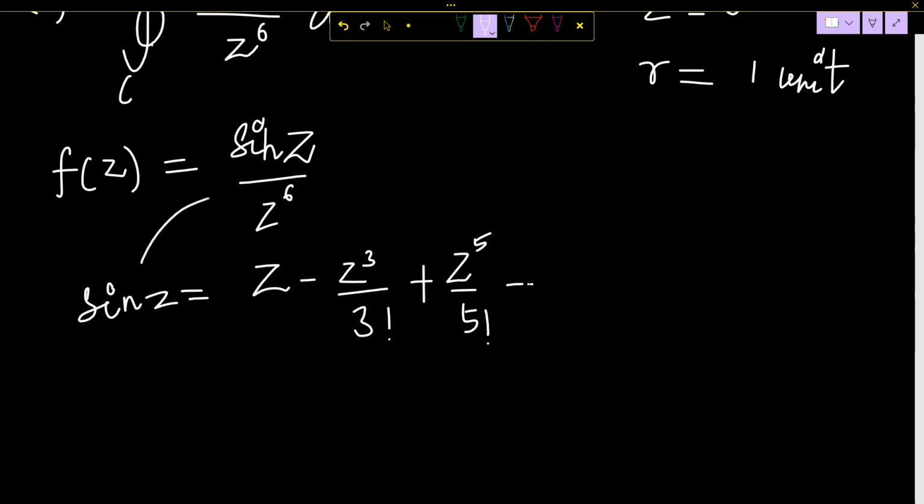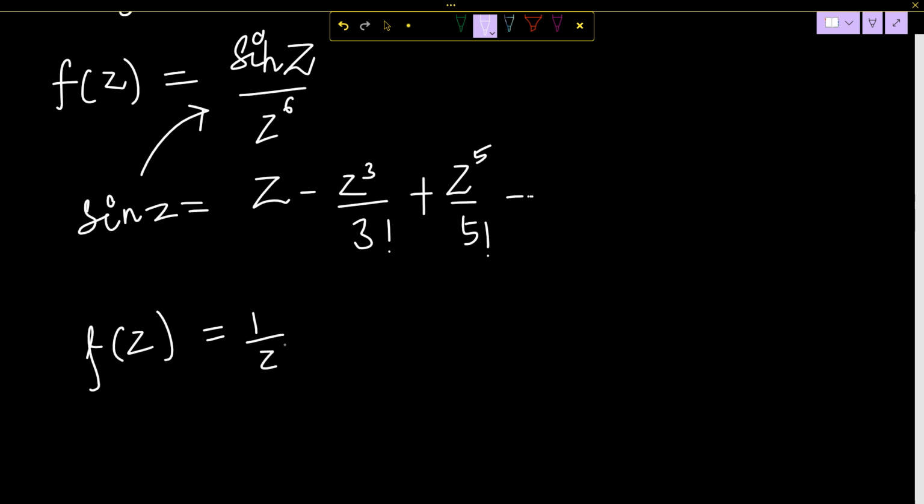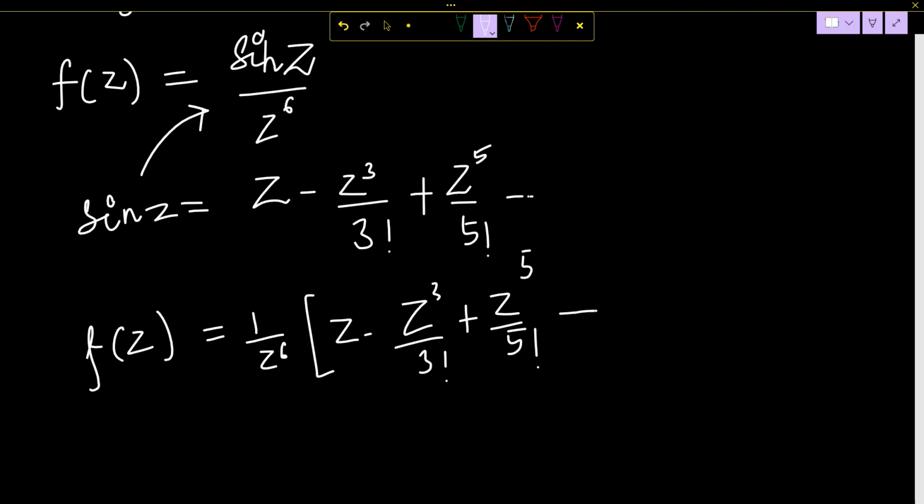So I put the value of sine z here. f of z is equal to 1 by z to the power 6 into z minus z cube by 3 factorial plus z fifth by 5 factorial, and it goes on.